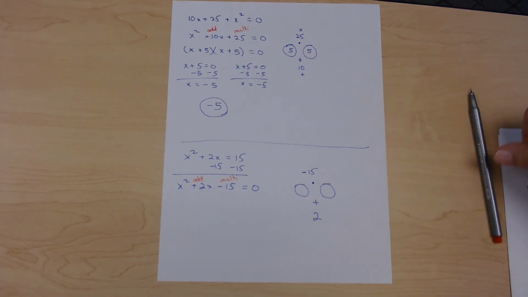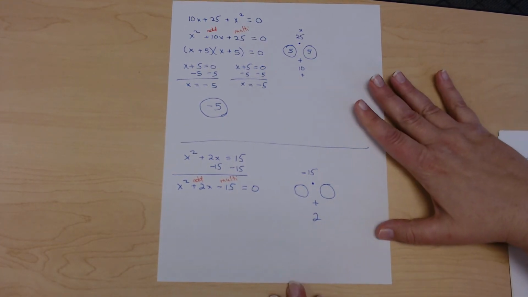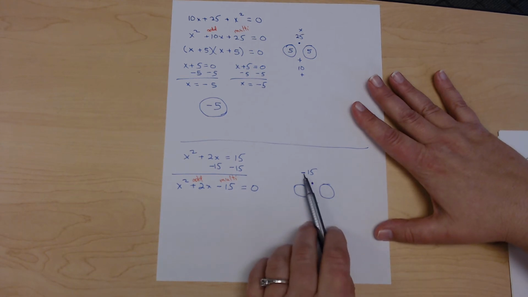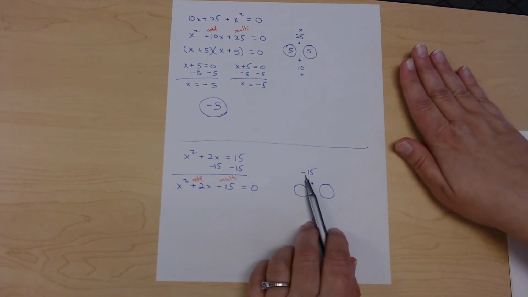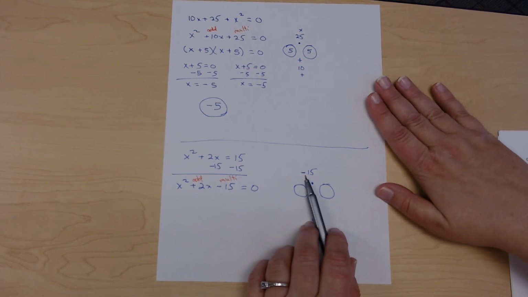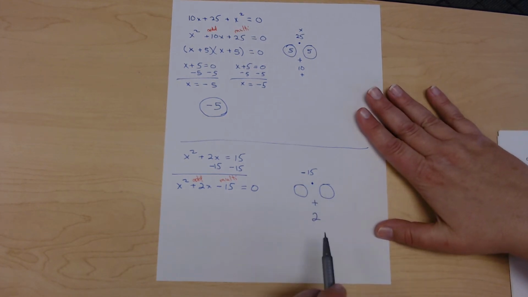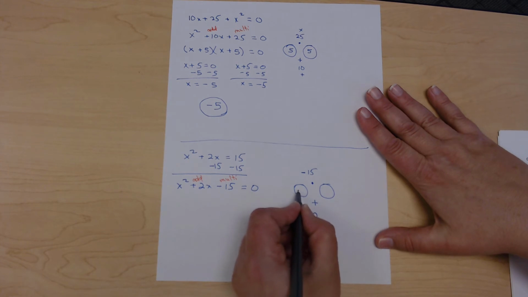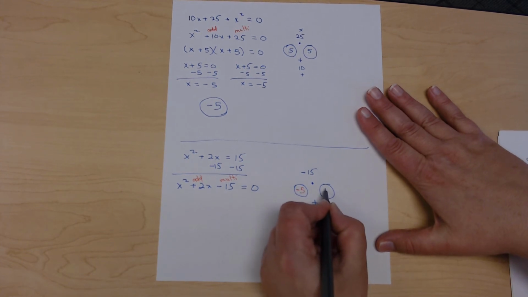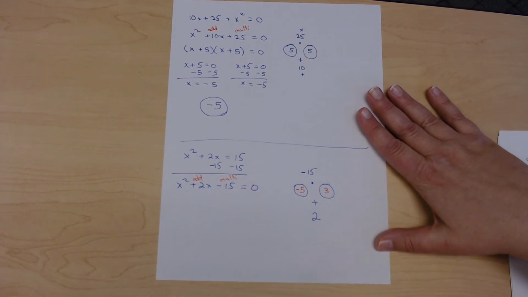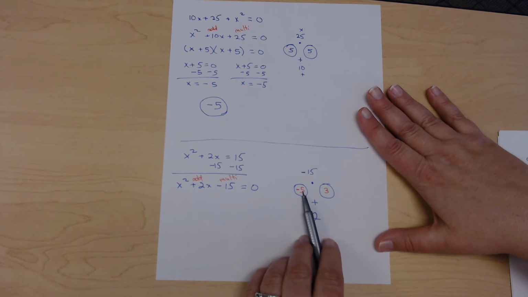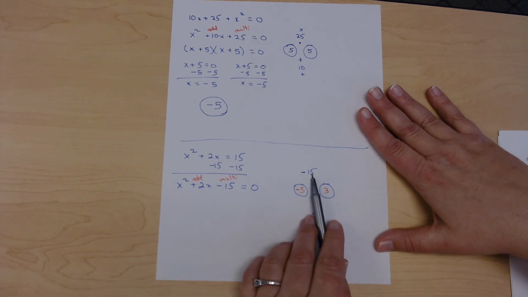What can we put in those blanks? How do we multiply to get a negative number? One of them has to be negative. So what times what gives me 15? I'm going to do negative 5 and positive 3. That's beautiful, right? Negative 5 times 3 gives me negative 15.